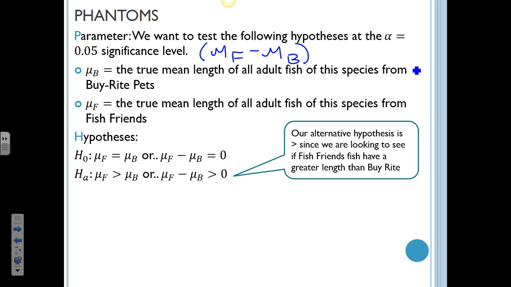I would say read the stem of the problem to figure out what you're trying to do and make the easiest way to subtract. We know that Fish Friends is greater than By-Right, so we should do Fish Friends minus By-Right and do greater than, as indicated in the stem. Does that make sense? Okay. All right, let's go through our assumptions, shall we?